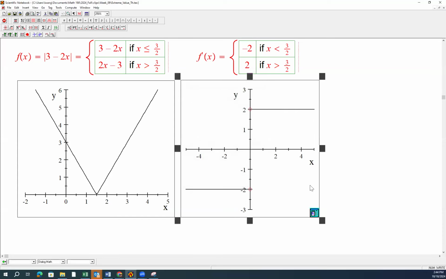There we go. So this demonstrates that the differentiability does not exist at 3/2.